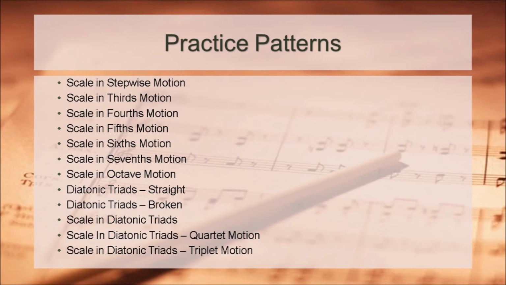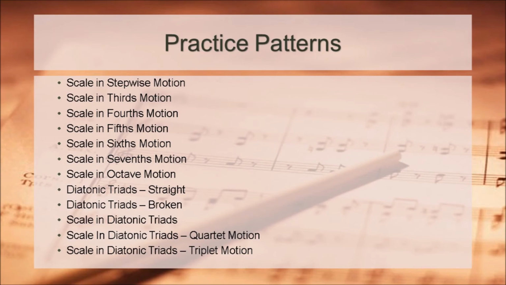Then we talk about doing it in fourths, in other words, C to F, D to G, E to A, etc. Then we have the fifths motion, in other words, from 1 to 5, 4 to 6, and as an example, we go from C to G, D to A, E to B.